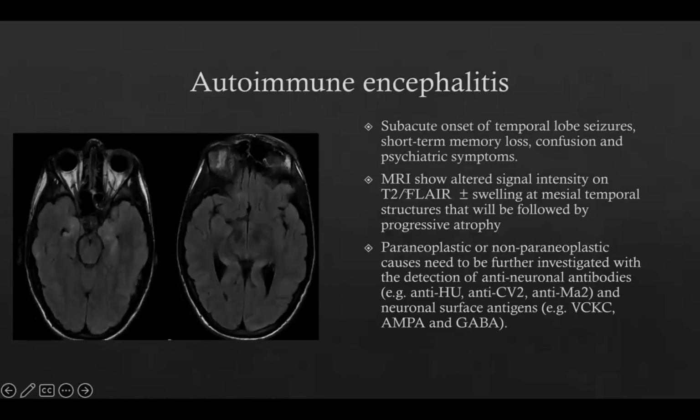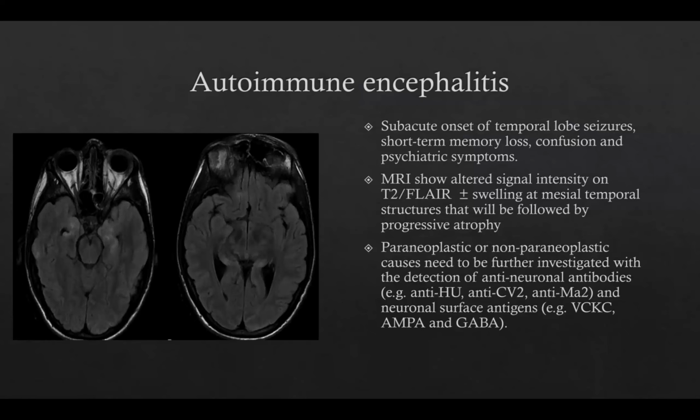Next is autoimmune encephalitis. Clinically, the patient may present with subacute onset of seizure, confusion, memory loss, and also psychiatric symptoms. Whereas in imaging findings, especially on MRI, you might be able to see some abnormal signals and swelling of the limbic structures.